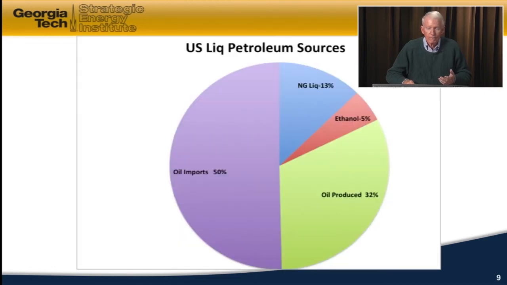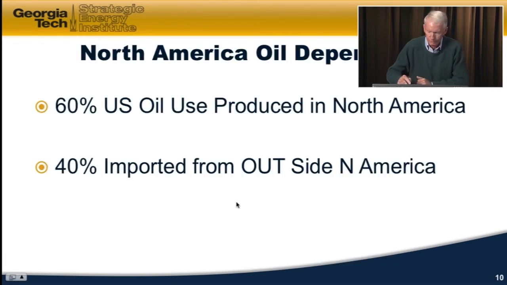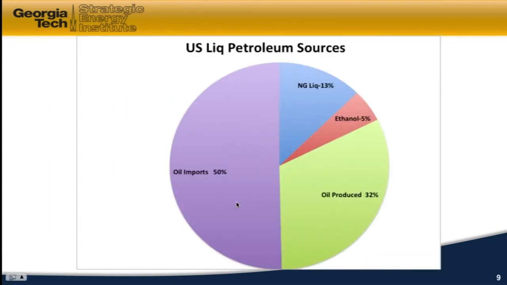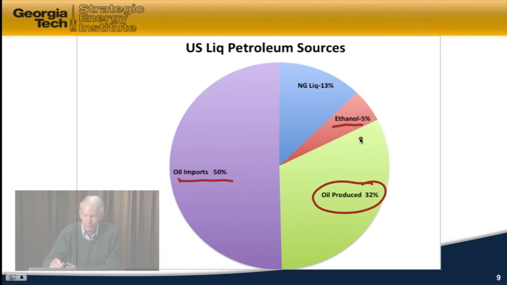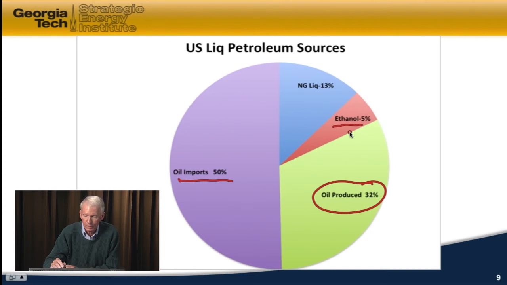And on that basis, from the viewpoint of liquid petroleum, our imports come down to 50%, from 60%. And here's the oil produced. And this is ethanol, and here's natural gas liquids.